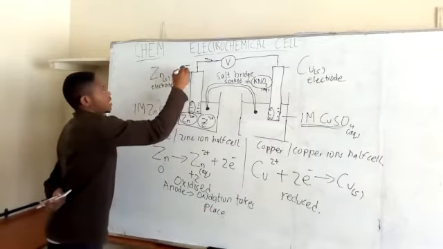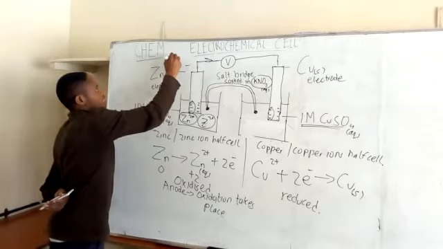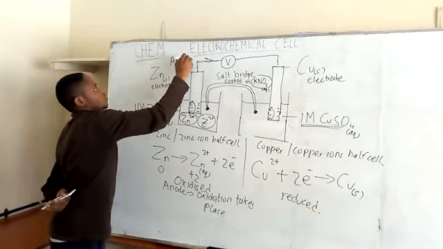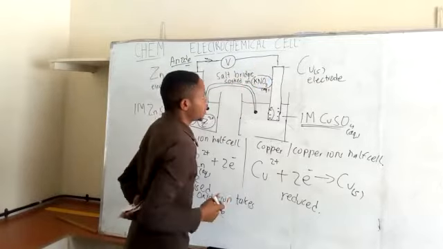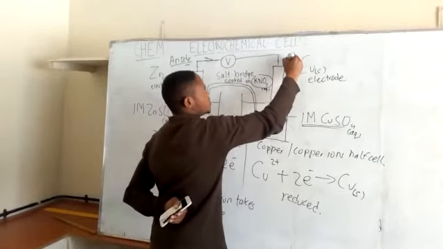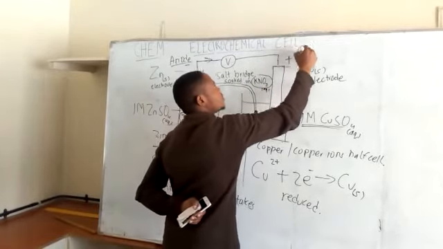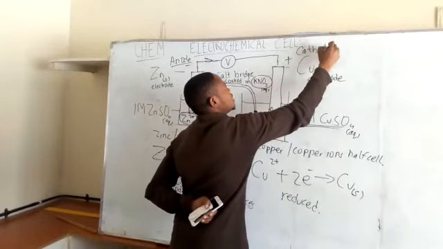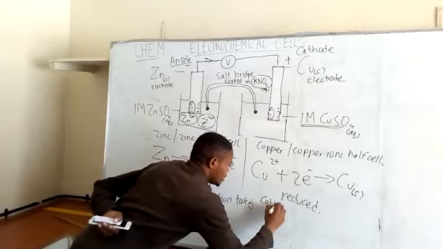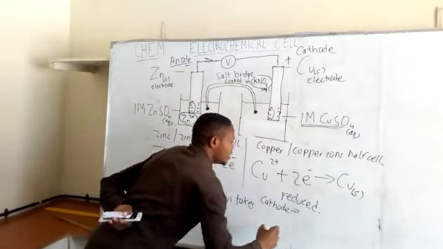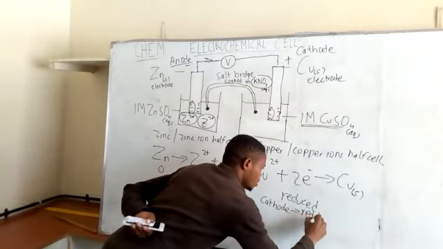So now it is negatively charged, and that's why we call it the anode. The other one, copper, is going to be positively charged, and therefore we refer to it as the cathode. The cathode is that electrode where reduction takes place.